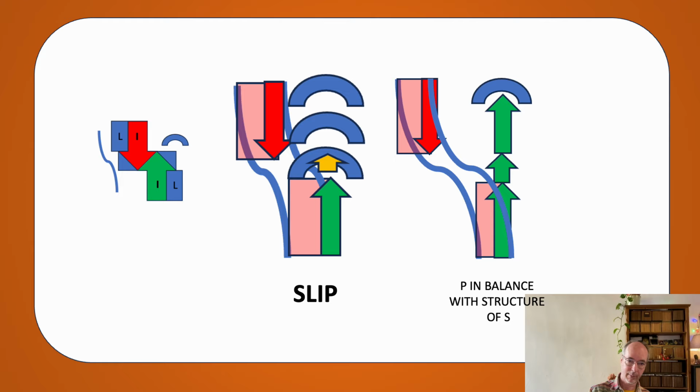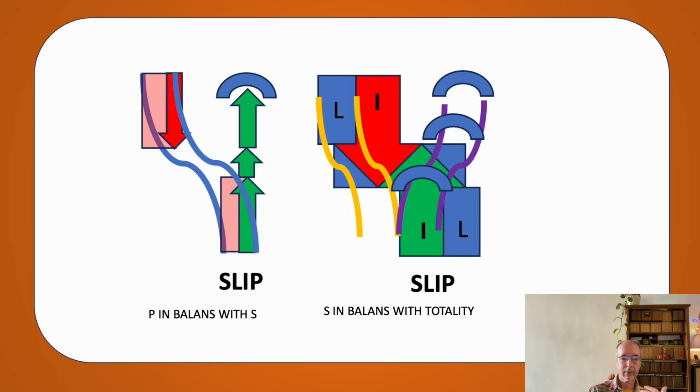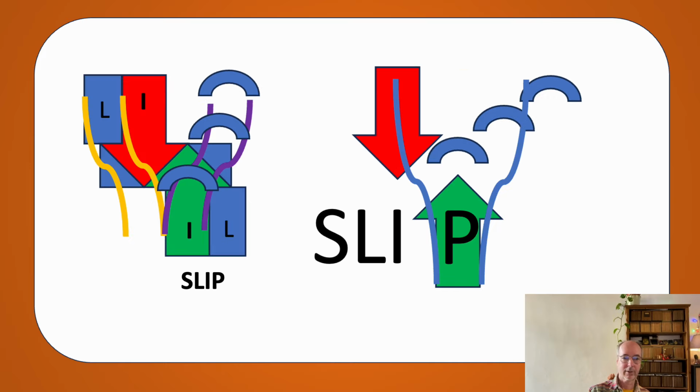And now we combine it with the S, which will also go 2 ways all the way. So the P has to become in balance before it can be pressed out all the way, and the S should be in balance, and then we have an end result. So here's my end result. The slip is this form with the emphasis on where the P has to go to.